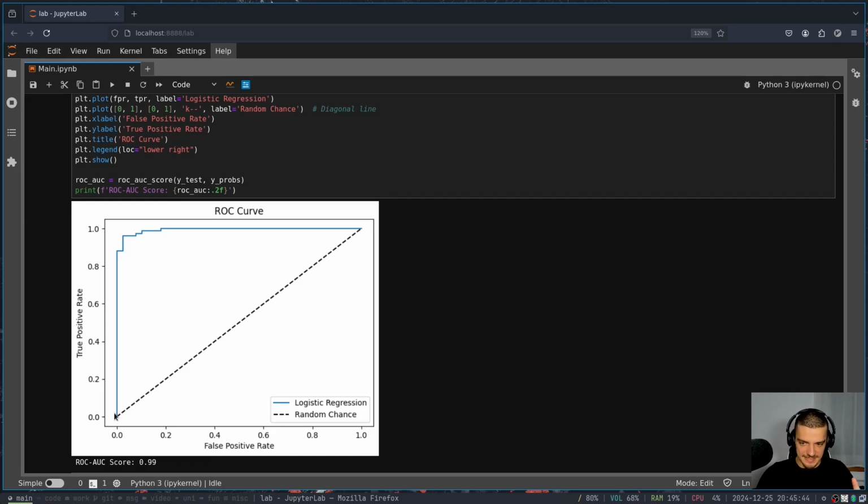I cannot misclassify any negative samples, so my FPR is at 0, but also I don't recognize any of the positive instances, so that is 0 as well. The other extreme is when I say everything is positive. In this case, I recognize all the examples as positive, but I also misclassify all the negative examples as positive. So I don't want to be here, and I also don't want to be here.